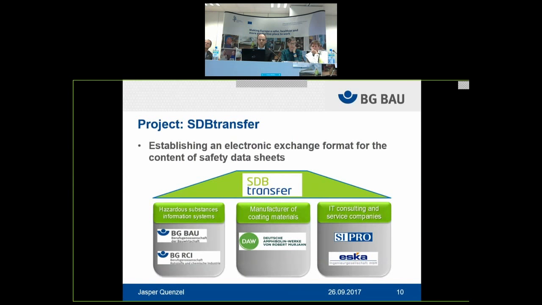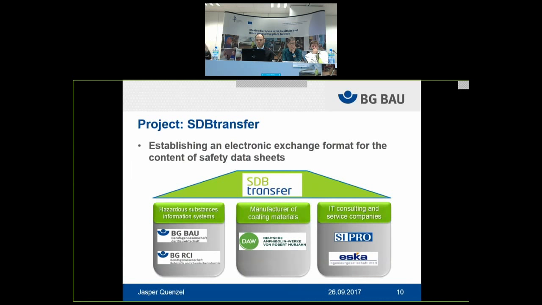We wanted to establish an electronic exchange format for the content of the safety data sheet. And on this slide, you can see the project partners. On the left, there are the hazardous substances information systems, the BG Bau, where I work, and the BG RCI, which is the equivalent for the raw material and chemical industry in Germany. In the middle is our industry partner, the DAW, which is the third largest manufacturer for building paints in Europe.